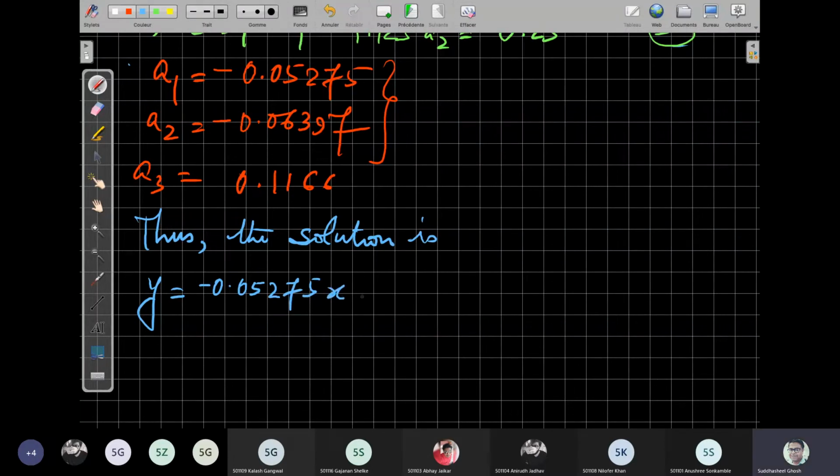It will be x, and then it will become 0.06397, and that is x square, plus 0.1166 x.